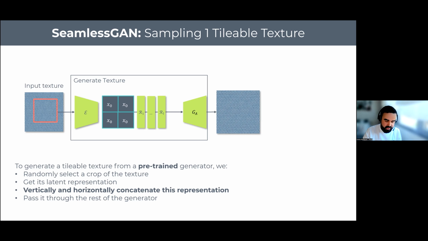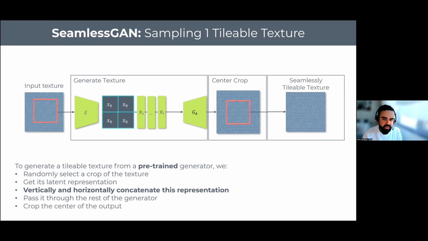Because the latent space was tiled 4 times, we have 4 repetitions of the texture. Because we have 4 repetitions, we only want one of those. We get the center crop of the texture, and this becomes our seamlessly tileable texture. This is the way we sample from SeamlessGAN. This can be done mostly in real time, so it's really fast.